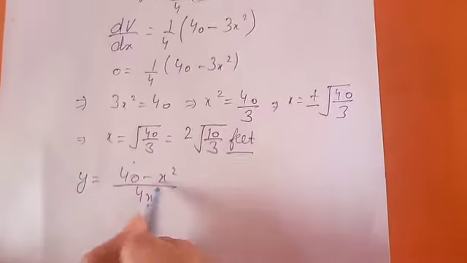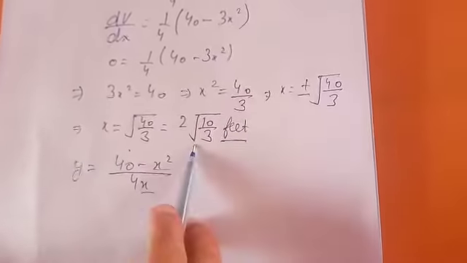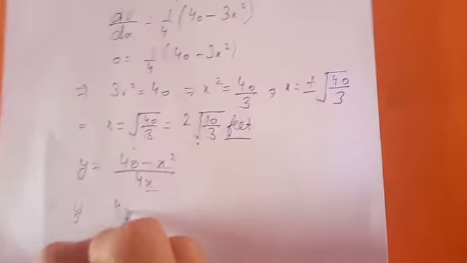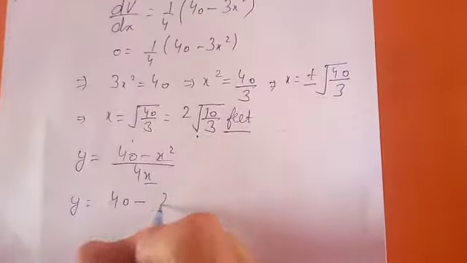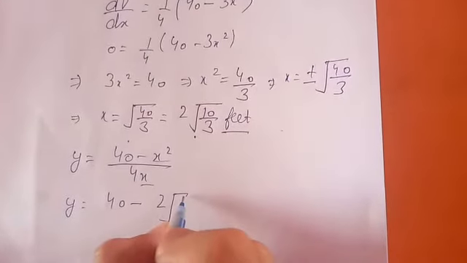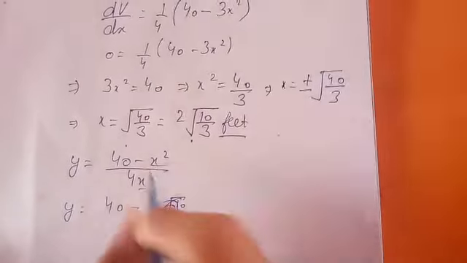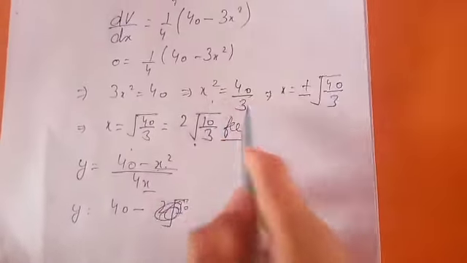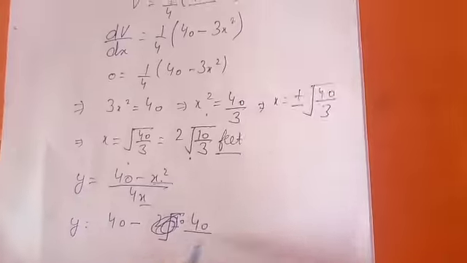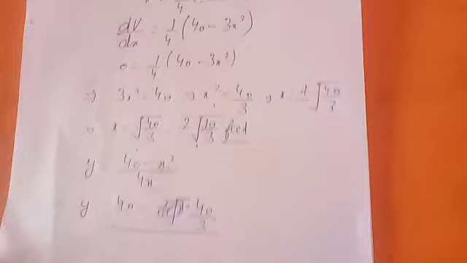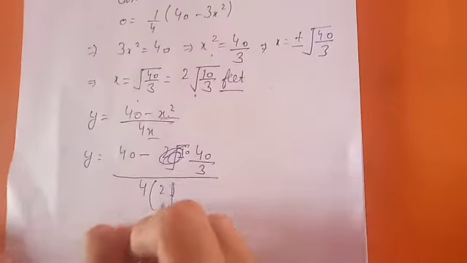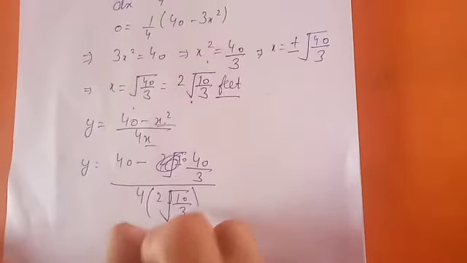So our height will be 40 minus x square, and we can put directly the value of x square, which was 40 by 3. It is 40 by 3 and whole divided by 4 into 2 root 10 by 3.